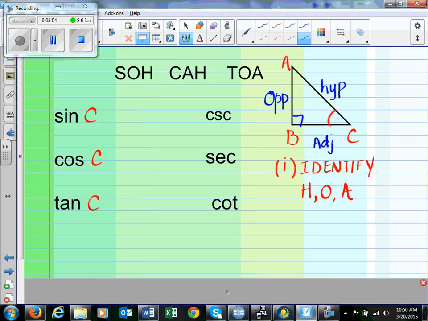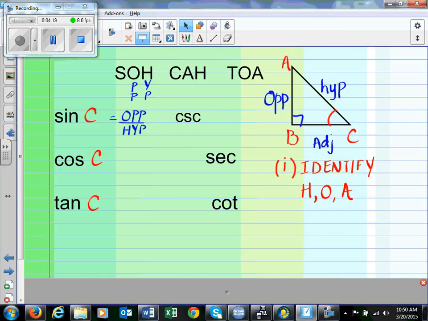So, as this suggests, sine C is going to be, so O stands for the opposite. So sine is opposite over hypotenuse. And since you know what sine is, cosecant is just going to be the reciprocal of it.